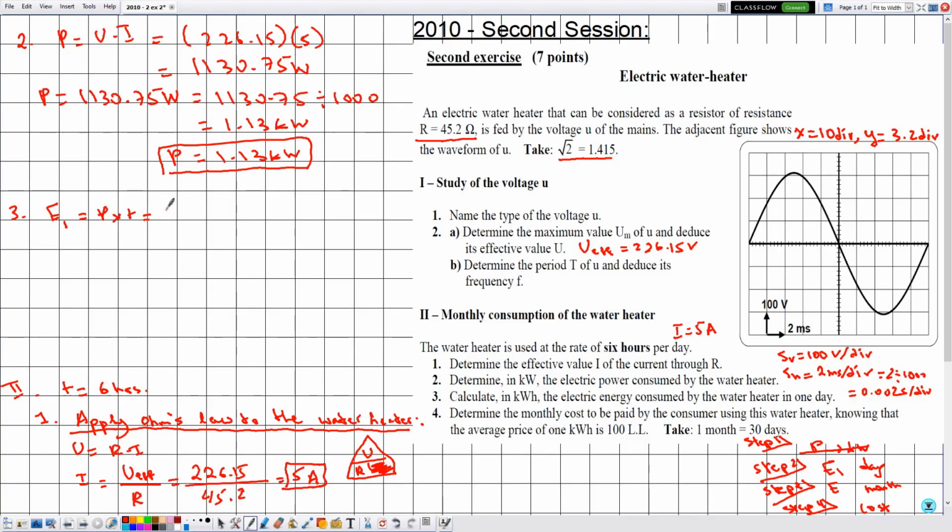So the value of the electric power of this water heater is 1.13 and time is given by 6 hours. Now plugging this on the calculator, it will give me 6.78 and the unit is kilowatt hours. Then the electric energy E1 consumed per 1 day is 6.78 kilowatt hours.